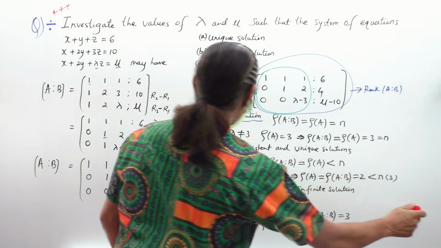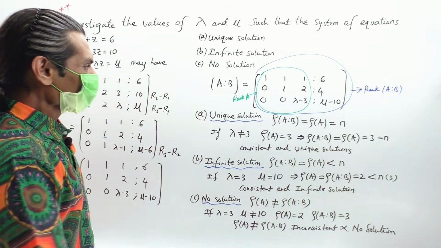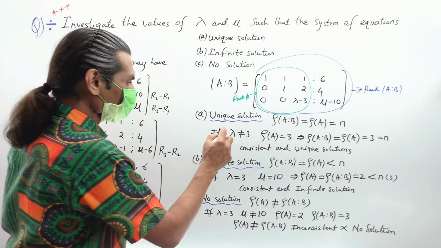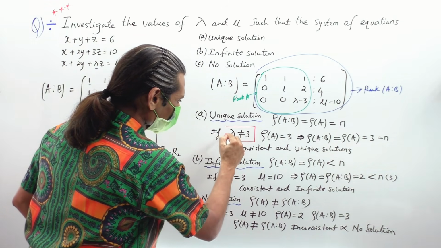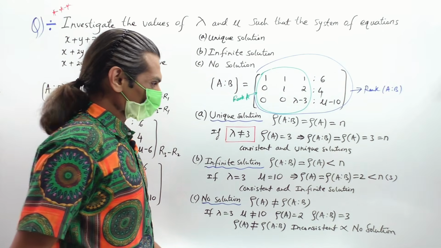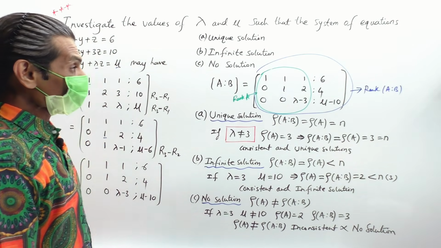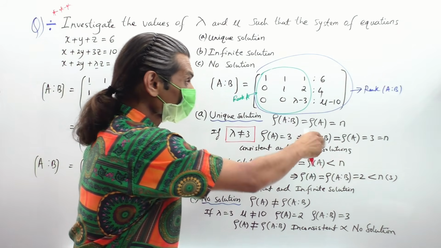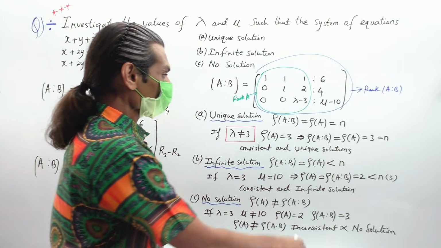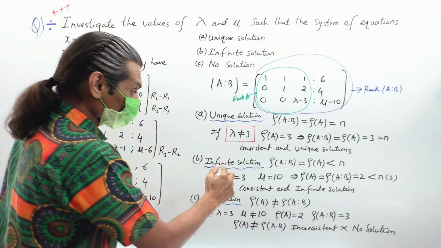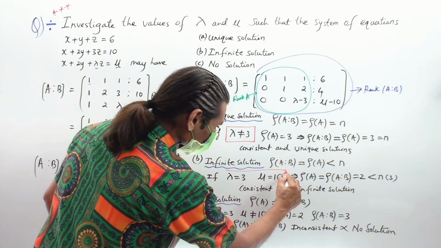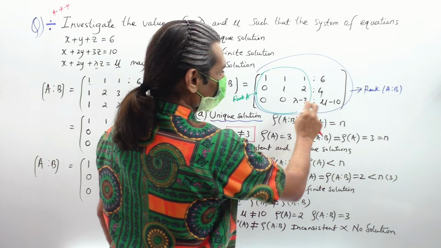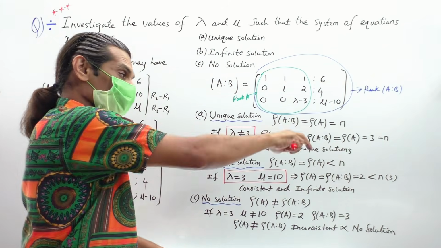Getting it? So, clearly from the theory, unique solution means the ranks should be equal, possible only when lambda is not equal to 3. Understand it? Then only this is consistent and has a unique solution. And infinite solution is possible only when lambda is equal to 3 and mu is equal to 10. Then both rows are 0, both ranks are the same and lesser than n.